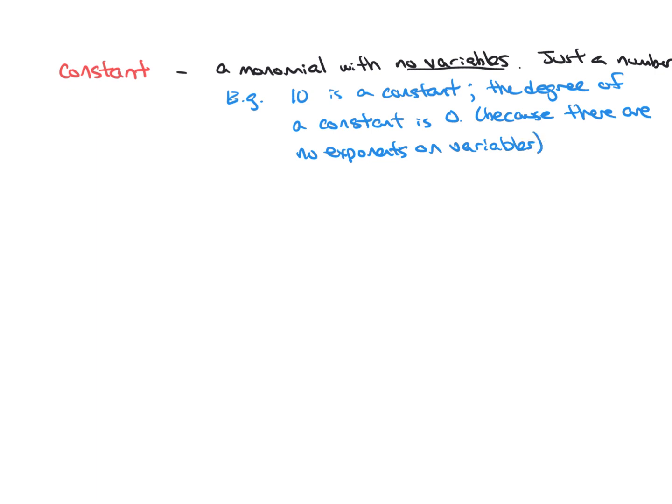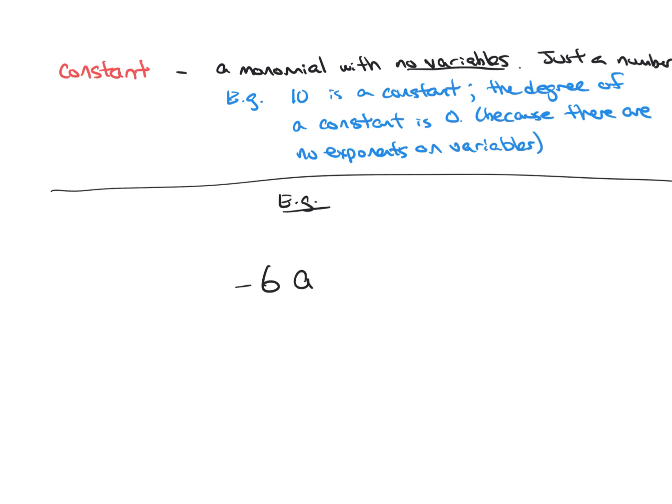Okay, good. So just one more example to put it all together. Let's say negative 6. I'll use A's and B's and C's.